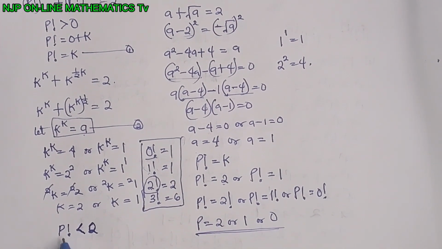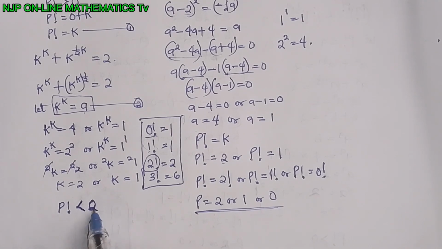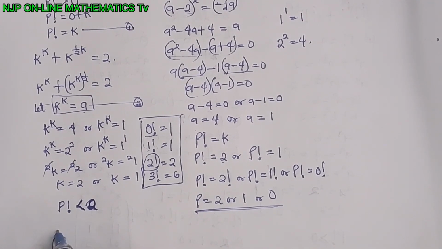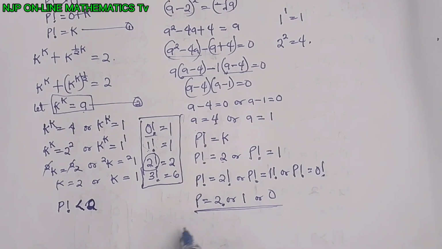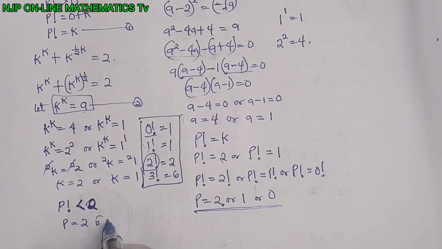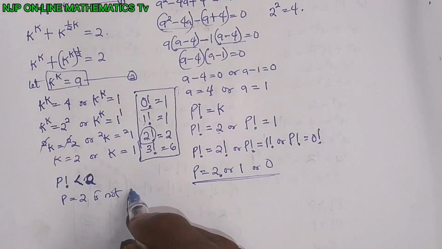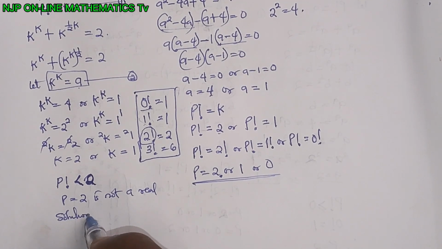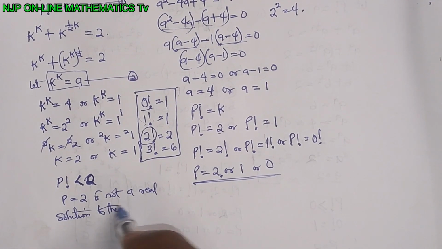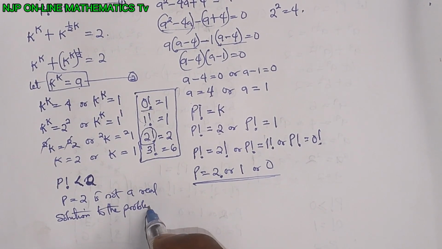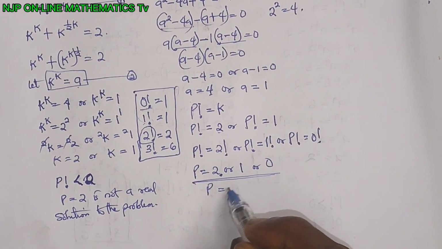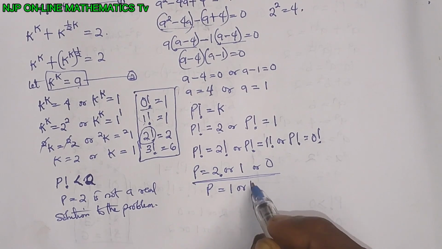Therefore, p factorial must be less than 2. Since p factorial must be less than 2, then it means definitely that p, which equals 2, is not a real solution to the problem. And now we are left with p equals 1 or 0.